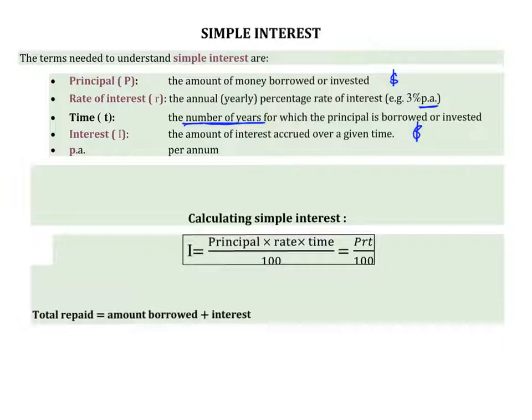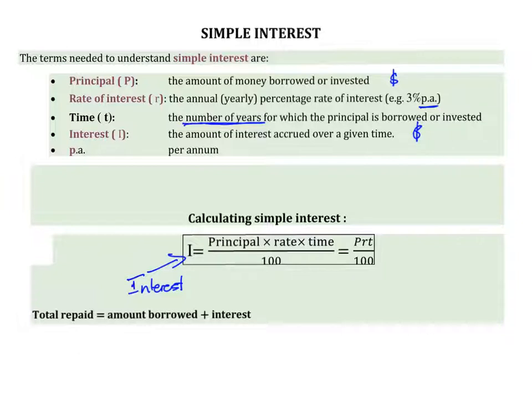Now, the rule, which is going to be really important here: I is equal to, so interest is equal to the principal times the rate times time divided by 100, or PRT over 100. We will be using that quite a bit.